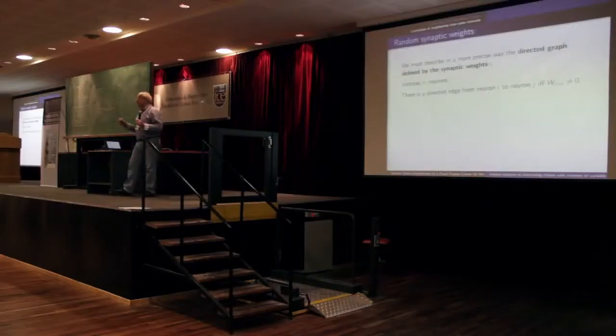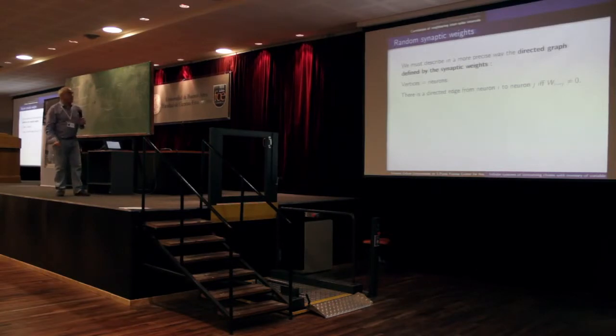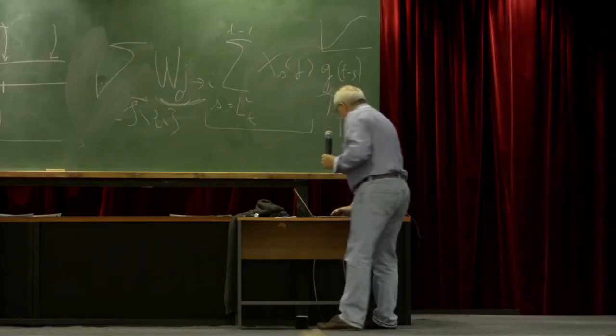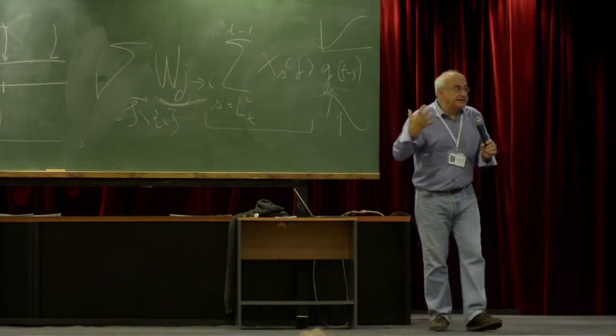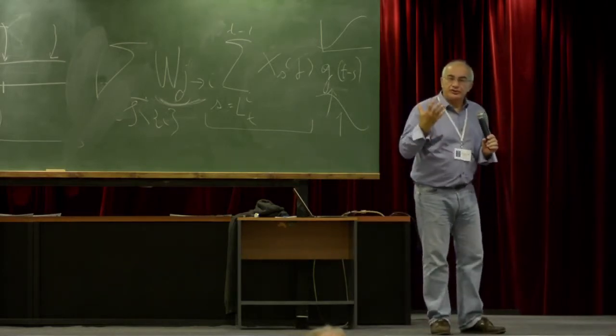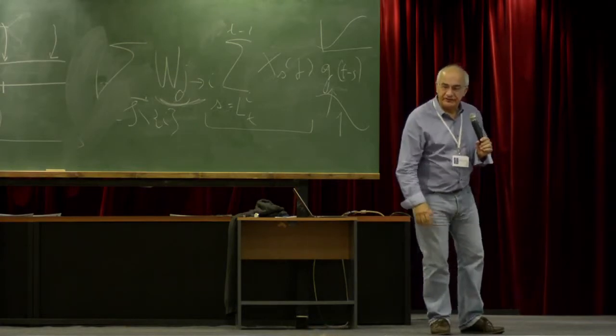I say that there is a directed edge from neuron J to neuron I if the synaptic weight is different from 0. And now I have a directed graph. What kind of structure should I give to this graph?